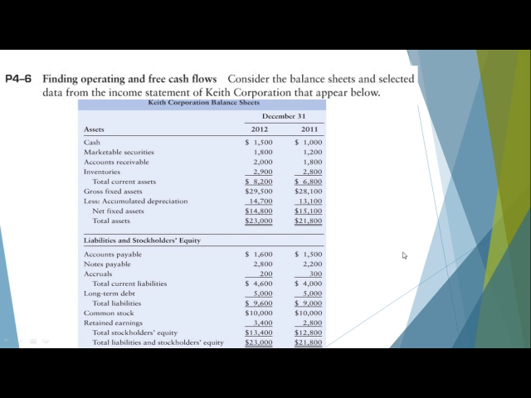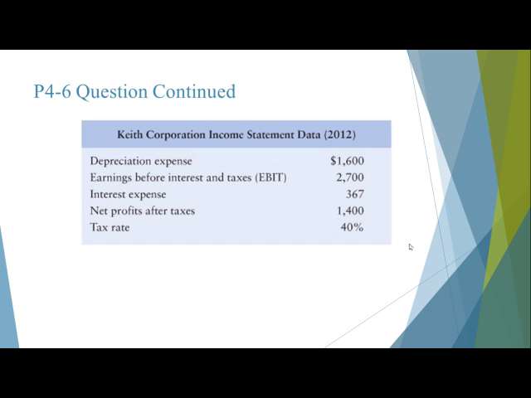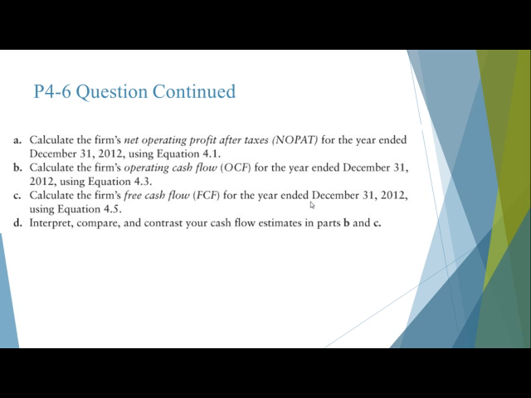Chapter 4, Problem number 6. In this example, we are given the balance sheet in both 2012 and 2011. In addition, we know the income statement. So we need to figure out the two cash flows and the net operating profit after taxes.